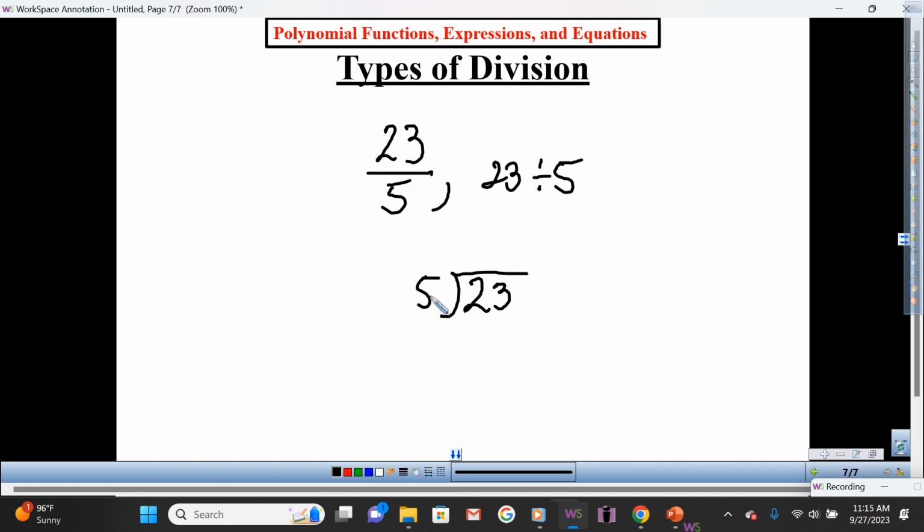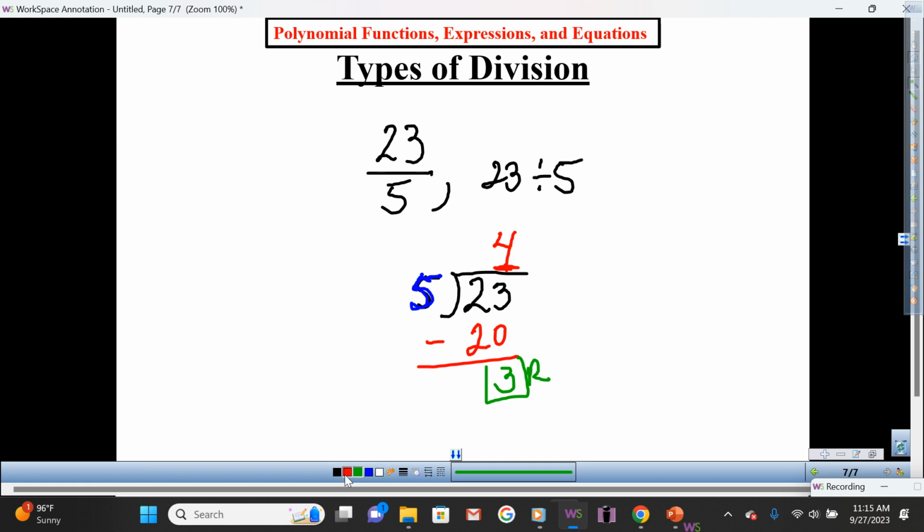So this is the process I showed you yesterday. The 23 is a dividend, the 5 is a divisor, and then we started with our quotient. What number times 5 gives us 2? Nothing. What number times 5 gives us something close to 23? That would be what? 4. So that is 20. Subtract, and we end up with 3 as our what? Remainder.